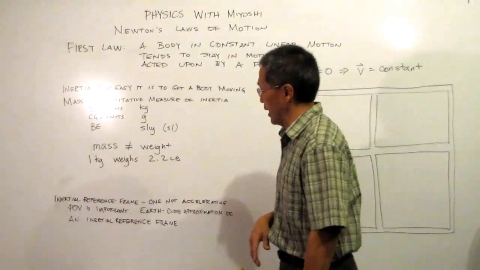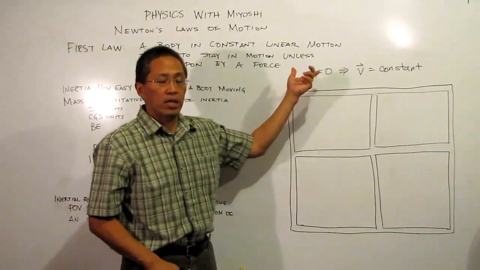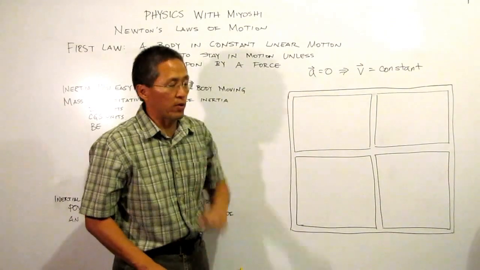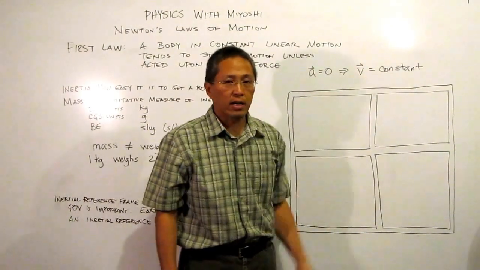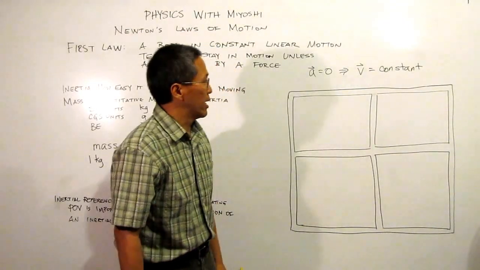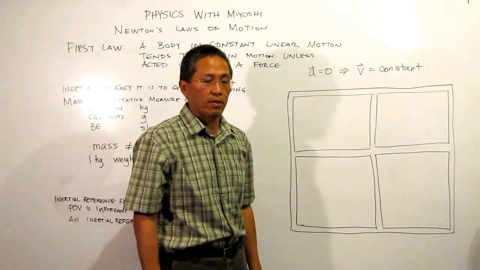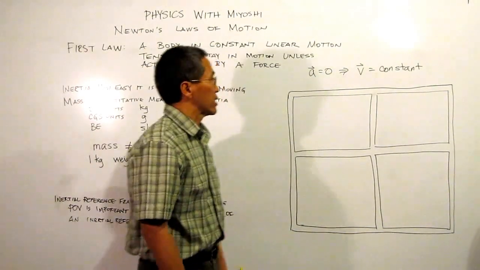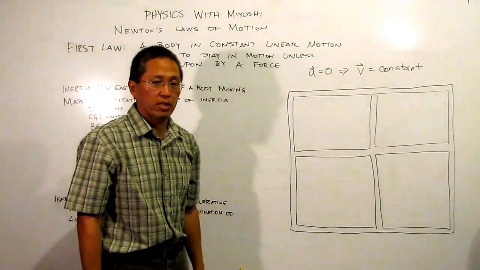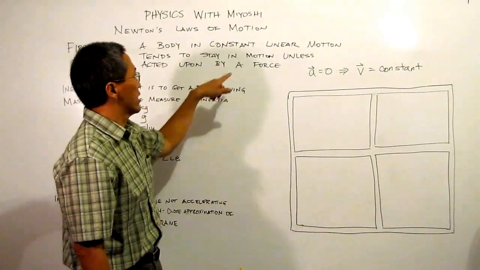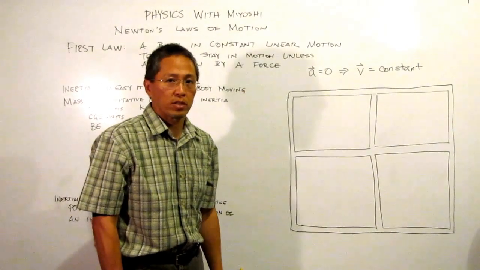Newton's first law. Again, look at the kinematic equation: our acceleration is 0. As long as our acceleration is 0, then I have a constant velocity. And that velocity may be 0, or it could be some other velocity that's not changing. It's again expressed that a body in constant linear motion tends to stay in that same motion unless it's acted upon by an external force.